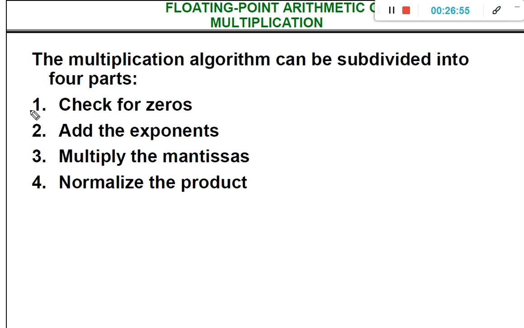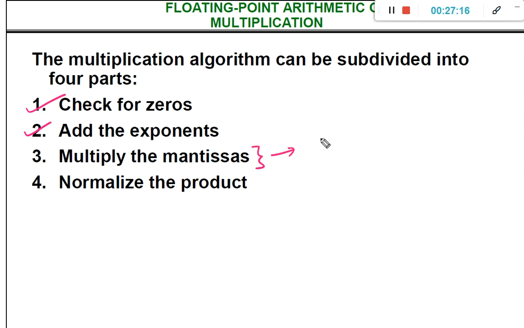As far as the multiplication algorithm is concerned, check for zeros in the registers. If any one register is 0, then the multiplication result will also be 0. And we need to add the exponents and perform the multiplication operation of the mantissas.